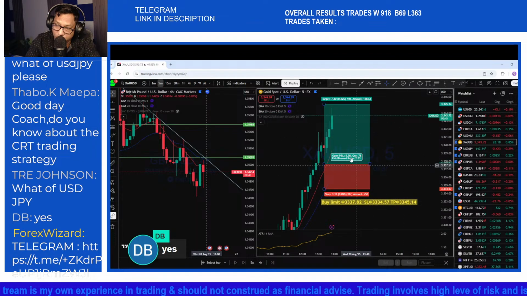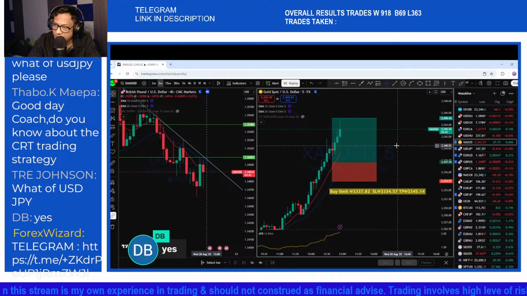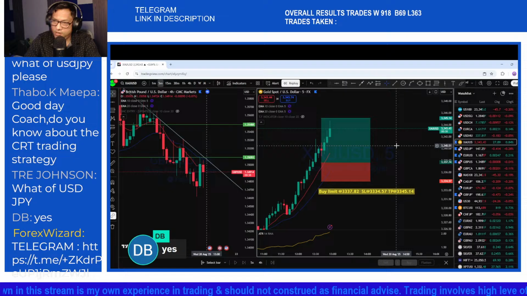Waiting for a potential break of structure here to the support level and then to return back again to the upside to create a new higher high in this market.